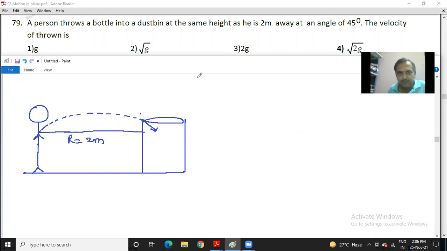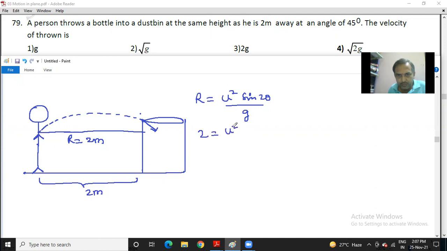Now get back the expression of range. R is equal to u square sin 2 theta by g. So range is going to be this distance between the man and dustbin, 2 meters. So range is 2 meters, u square sin, angle of projection is 45 degrees, so sin 2 into 45 by g.